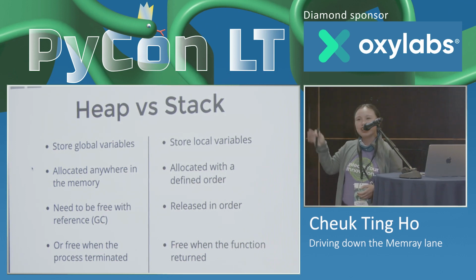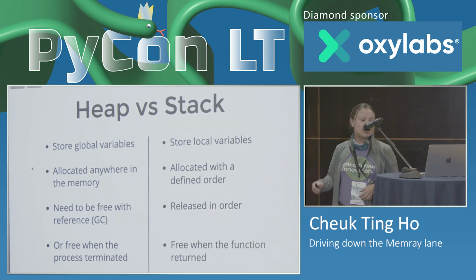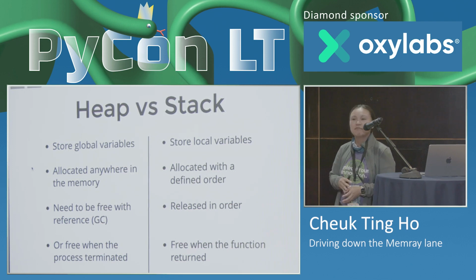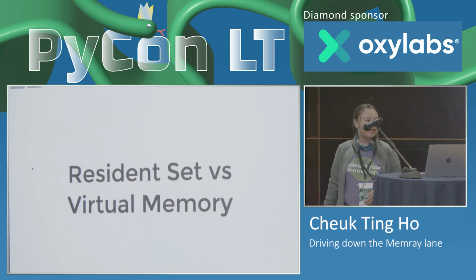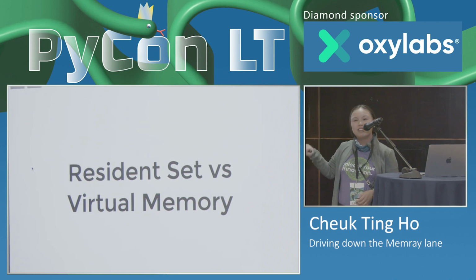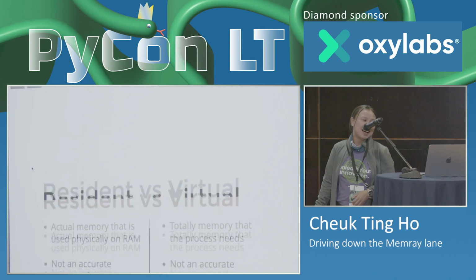They are no longer needed because the function returned and it's gone. That's why for stack memory we don't need a reference to it, and it can just be removed when we execute the program. When it's no longer needed, it will be gone. So usually when we talk about the problem of memory leaks and garbage collection, it is happening in the heap, because we lost the reference.